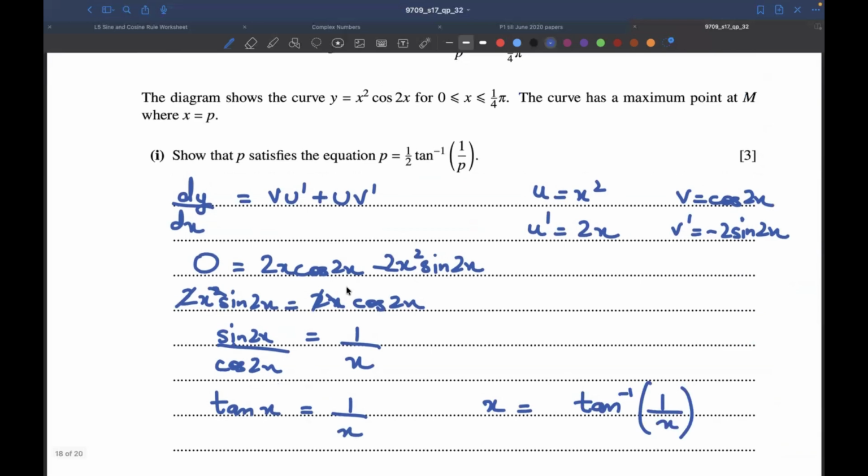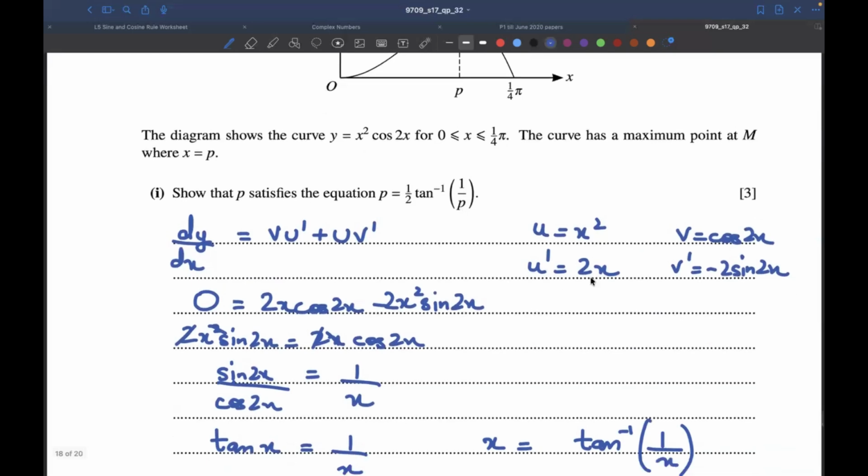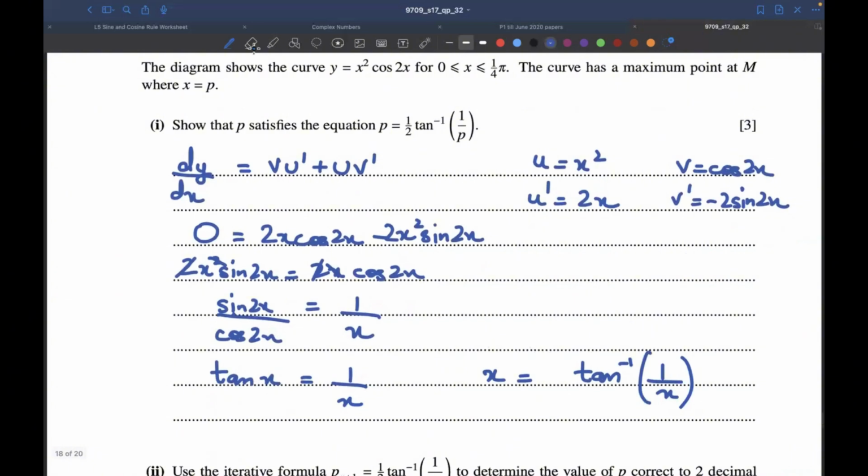So let's check if we have missed out on any value over here, because there's supposed to be a 1 upon 2. vu dash is 2x cos 2x, and uv dash is minus 2x squared sine 2x. Okay, yeah, this is tan 2x over here, so sine 2x upon cos 2x will be tan 2x.